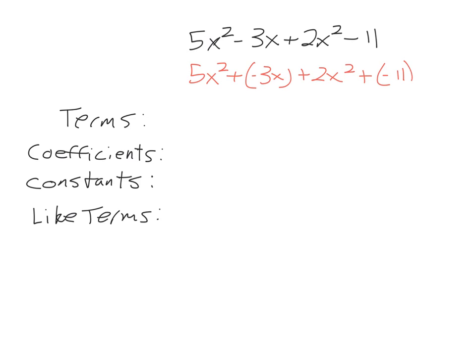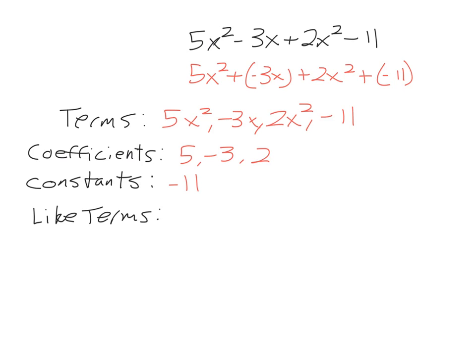Now our terms here are 5x squared, negative 3x, 2x squared, and negative 11. Four terms. Make sure we get the signs right. Our coefficients, here we have three coefficients. We have 5, negative 3, and 2, because those are the numbers multiplying the variable terms. Our constants, we only have one, negative 11.